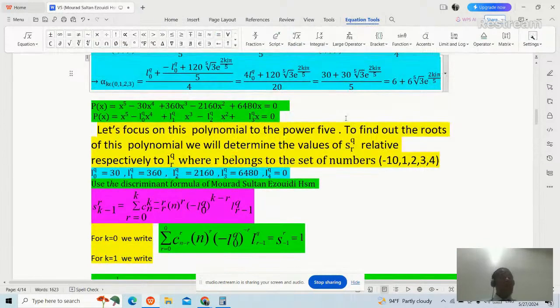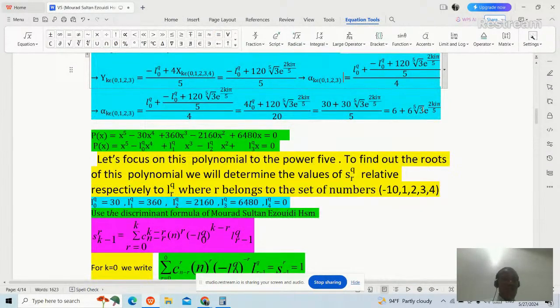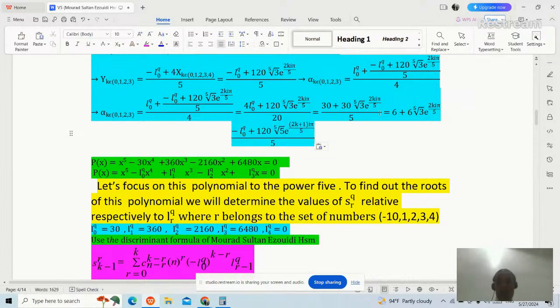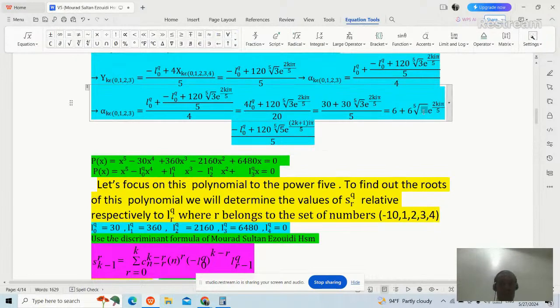I will just change this, and put it here to clarify it again. I will take this one. It will be this, which is 5, of course. And this one 2k, I will make 2k plus 1, close the parenthesis, iπ.